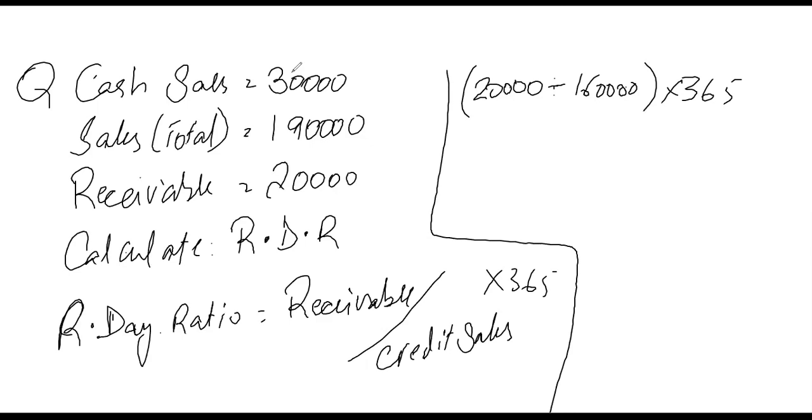So I'll be getting an answer of 20,000 divided by 1,60,000 multiplied by 365, which is 45.625.